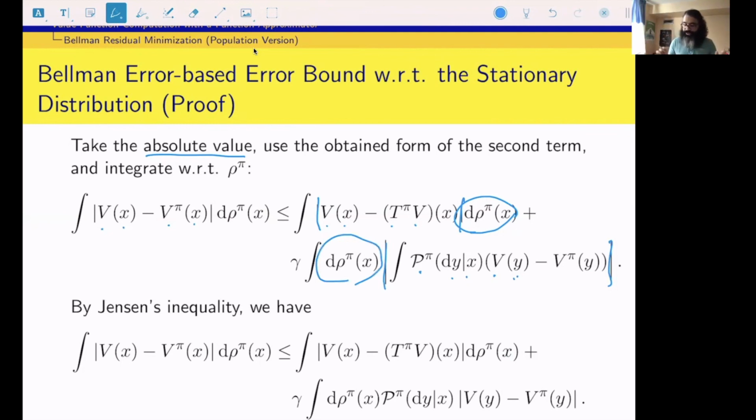So we have these two terms. Then by Jensen's inequality, I am moving the absolute value inside the integration. So I'm moving this absolute value that is here to inside. So I compute it here instead.